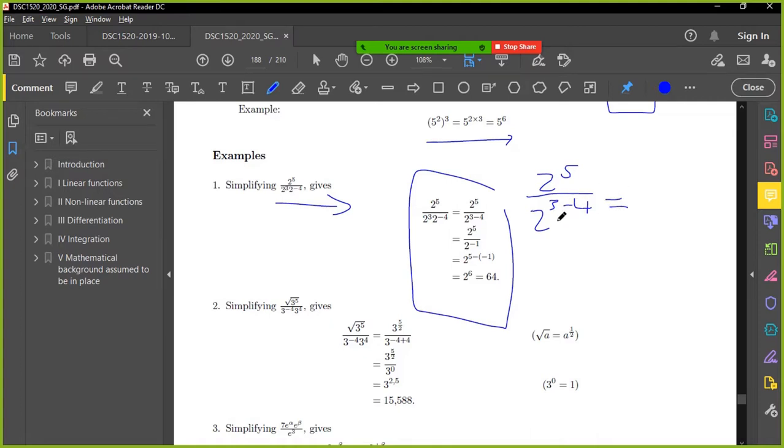You could write this down as 2 to the 5 times 2 to the 4 over 2 to the 3, and then cancel, giving 2 to the 6. So you can just move it up and down. Because it's a minus 4, you can bring it to the top.